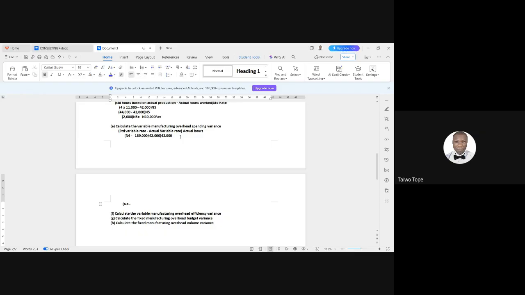When you divide, what will be the outcome? 4.5. 4 naira 50 kobo. Okay. 1 naira 50 kobo. Multiply by 42,000. So the outcome will be what now? 21,000 adverse.